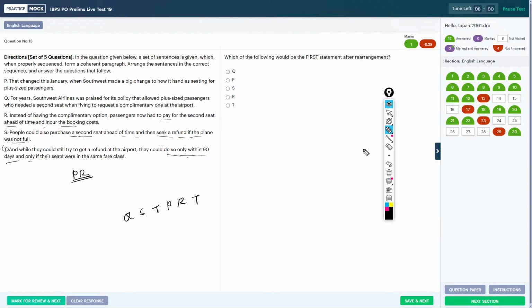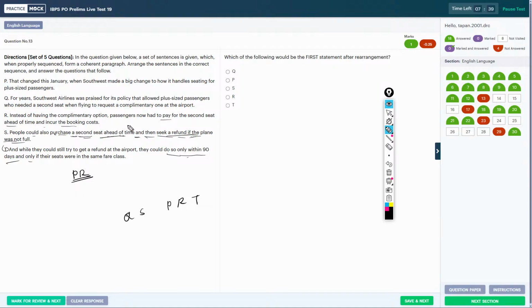Okay, so T to finish with. Then let me read it once. Q: For years, Southwest had a policy for plus size customers. People could purchase a second seat, and could also purchase a second seat ahead of time, then seek a refund if the plane was not full. That changed just in January.